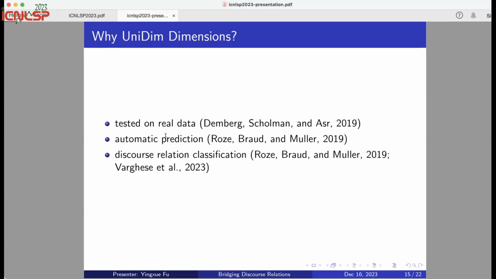And the second one is because unity dimensions have been shown to allow the possibility of automatic prediction. And the third reason is that there are some previous studies that try to incorporate those unity dimensions in discourse relation classification.